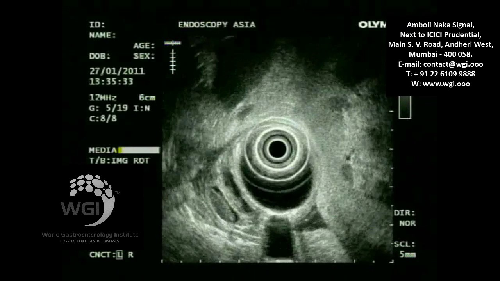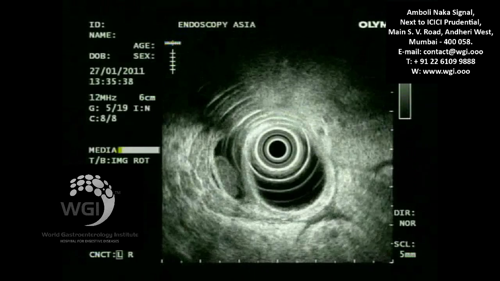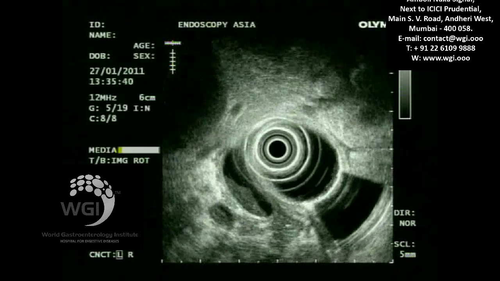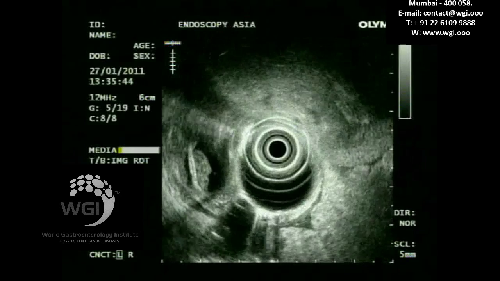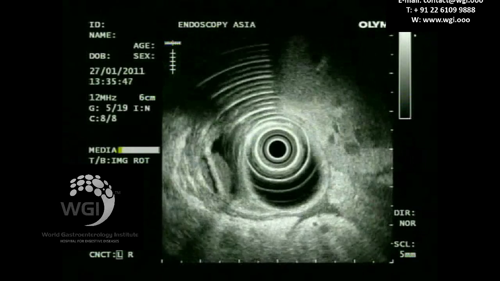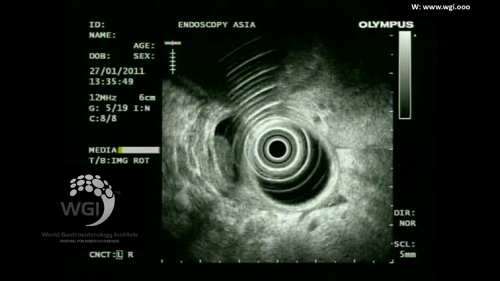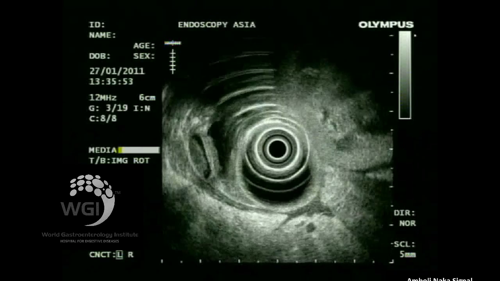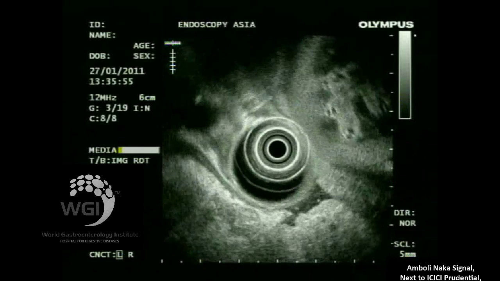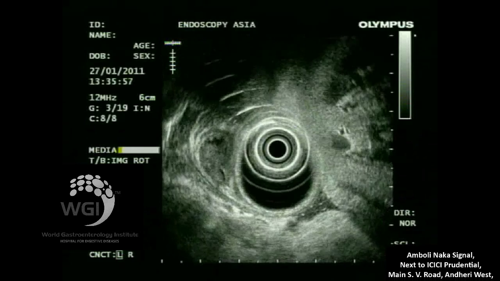So sometimes the ampulla is extremely challenging when there is edema. You can see the pancreatic duct and the bile duct both having filling defects inside in the form of echogenic material, could be purulent infected bile. So it's very important to evaluate the ampulla again and again.